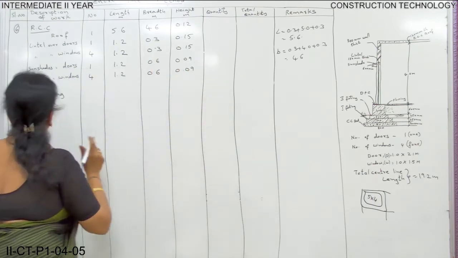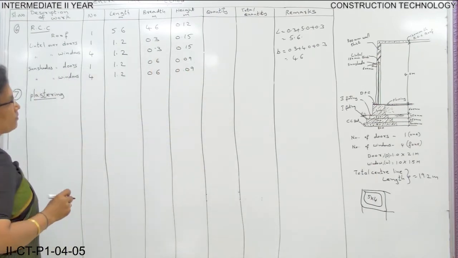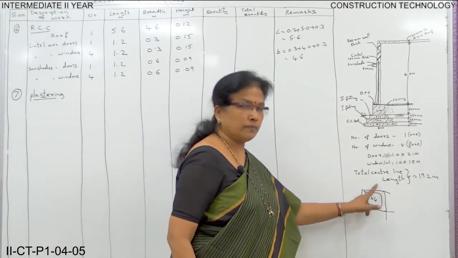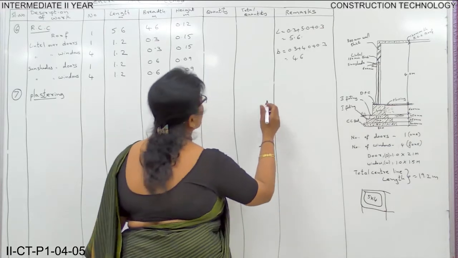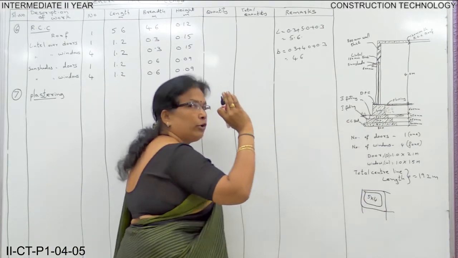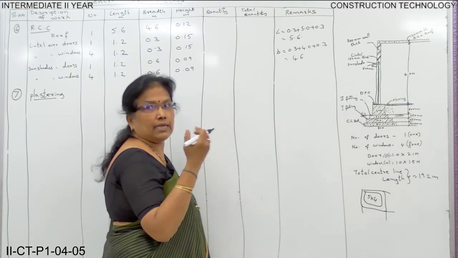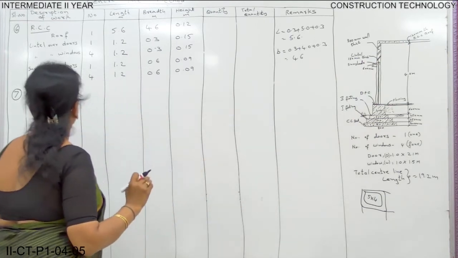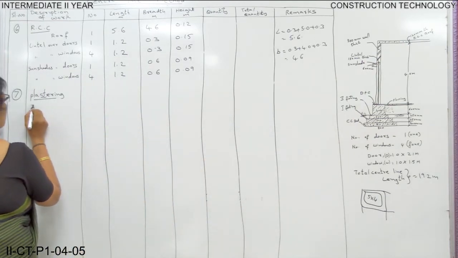We'll do the calculation later on. Now coming to plastering. You have to do plastering here. First we have to do inside, then plastering for ceiling, then external wall, then plastering for sunshade.